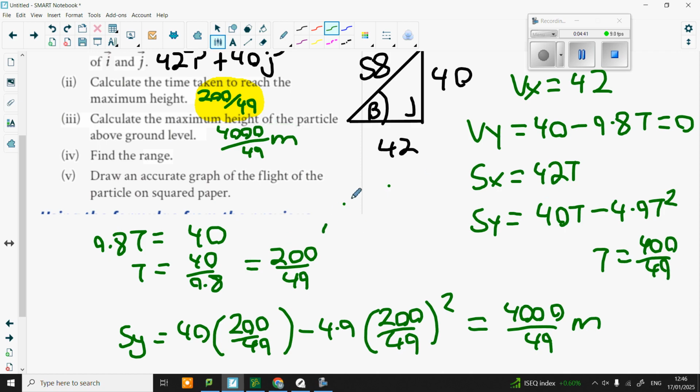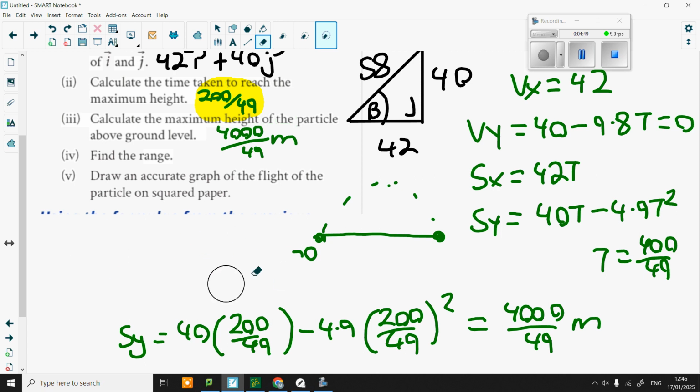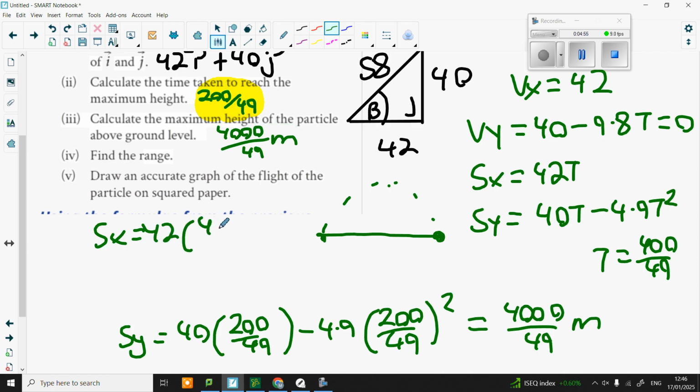And what direction is the range in? Range is in the x direction, so we just do Sx. So Sx equals what? 2,400 over 7.